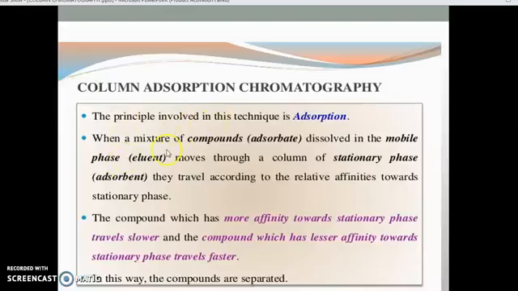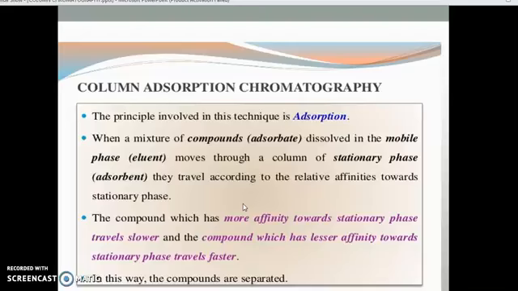Now, column adsorption has a certain theory. The compound with more affinity towards the stationary phase is a very slow traveler, and the compound which has lesser affinity travels very fast on the stationary phase and elutes first.